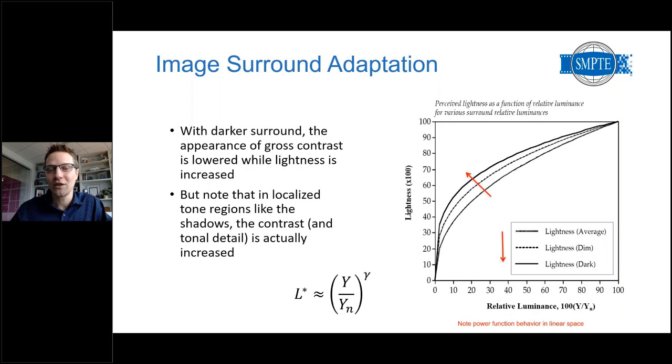But note how it changes. My perception of the lightness as a function of luminance changes simply by looking at that exact same image in three different surround conditions. Now, I could talk to you about this from a mathematical perspective, but my next demonstration shows it really, really well.